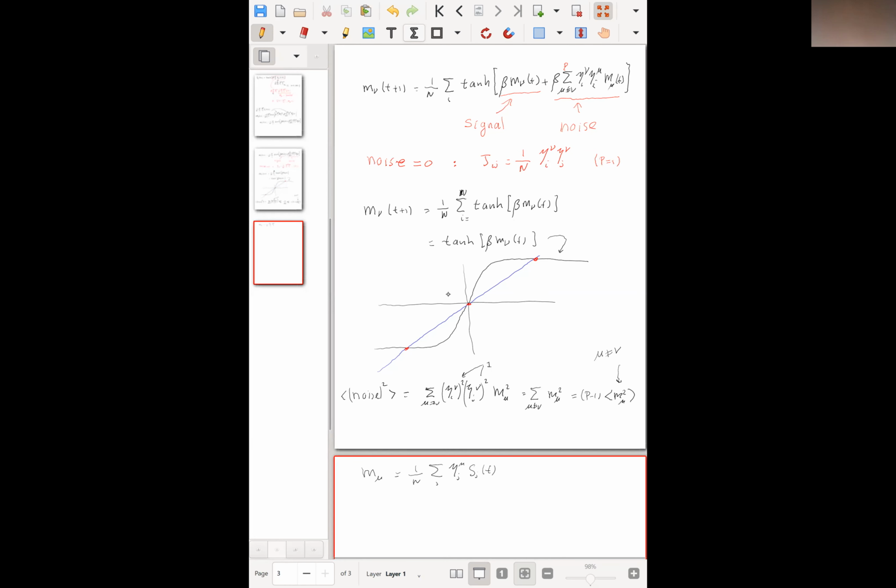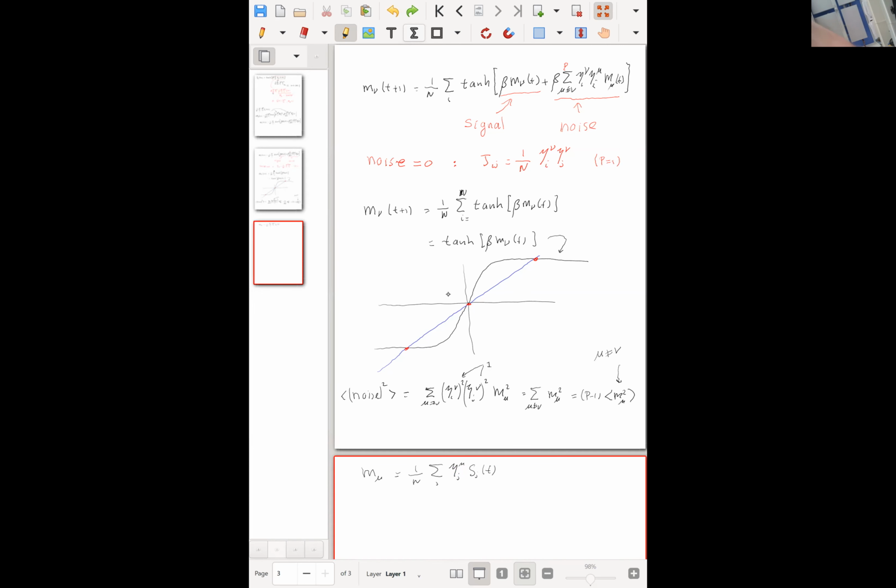So the idea is, if s_j of t is mainly lined up with eta_i nu, then it won't be lined up with eta_j mu. So this term just becomes a zero mean random variable.